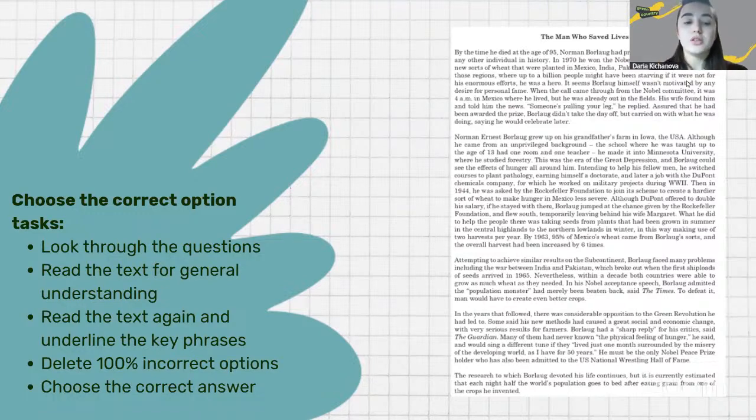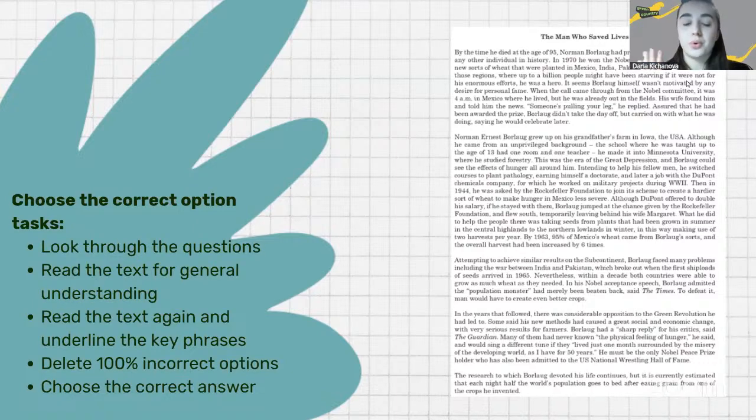No, you need to read the text for general understanding because sometimes at NMT you have questions like, what was the main idea of the text? Or what did the author want to say?